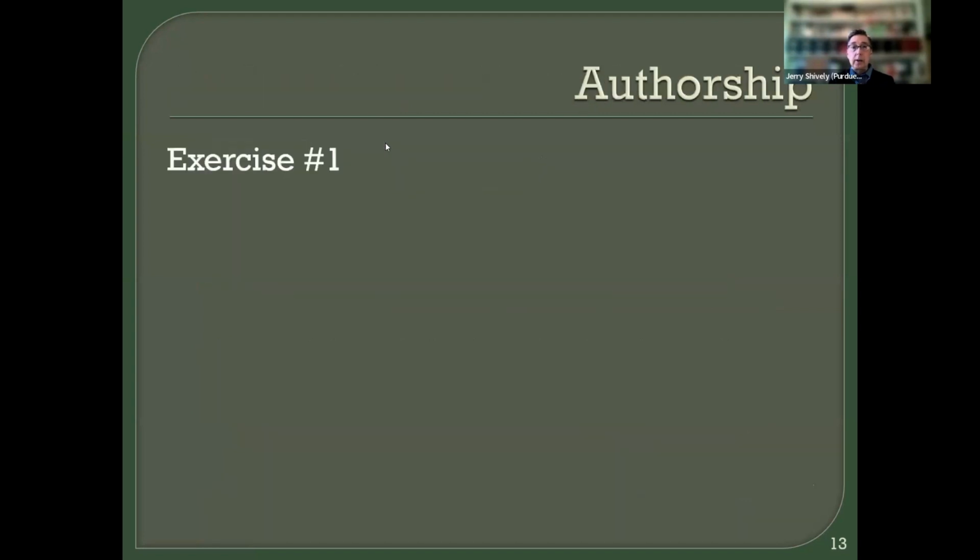Okay, so I've been talking for a while and I'd like to pause. The question that I want to know is whether everyone has access to the authorship worksheet that I provided. Alex, how successful were we in sharing the worksheet?